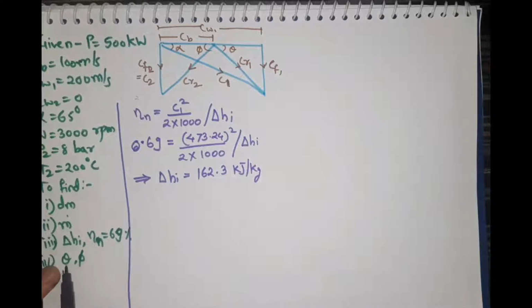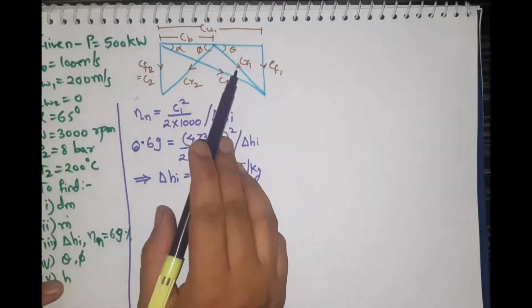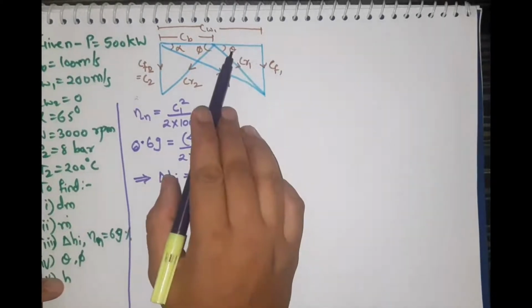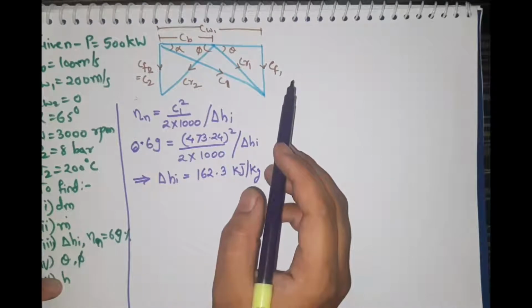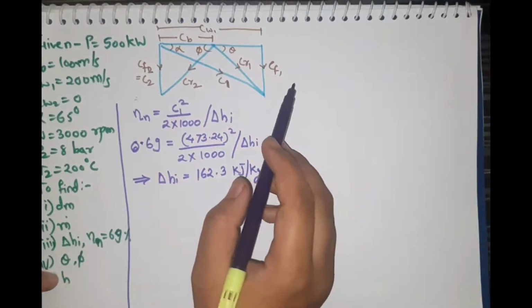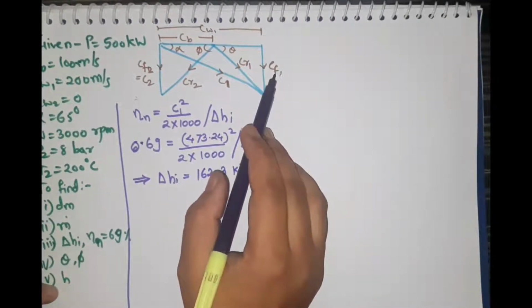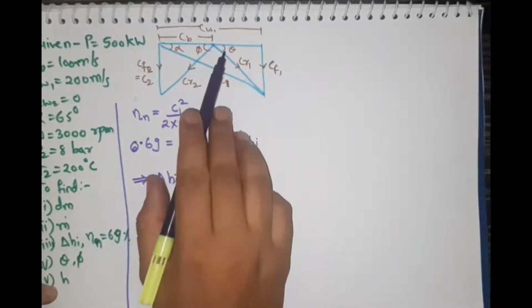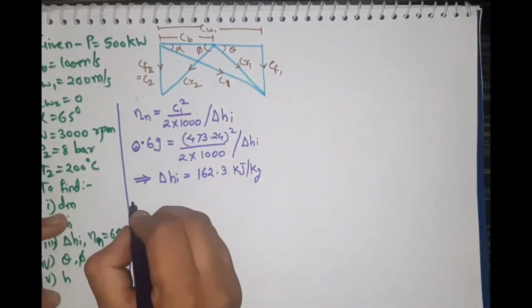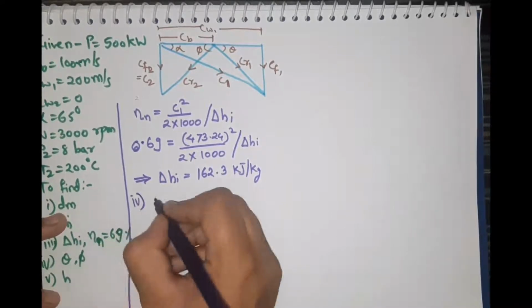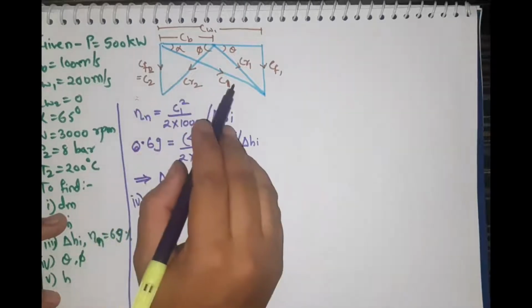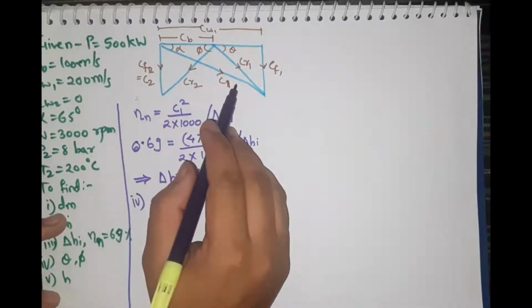Next one is to find theta and phi. This we can find from the velocity triangle. So for theta we can see here if CF will be known to us, then theta can be found. So for CF1, alpha and C1 are now known to us.